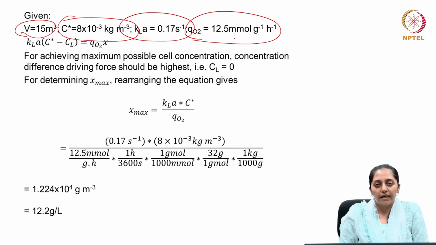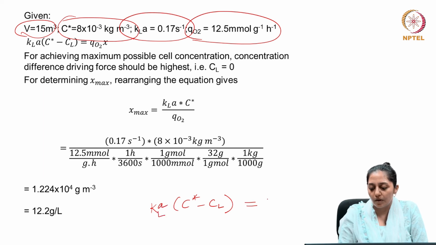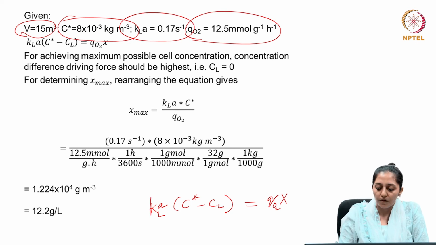Now, under steady state, we know that oxygen transport rate, which is KLa times (C star minus CL), is equal to QO2 times X. So here X can stand for X maximum, and CL is 0.